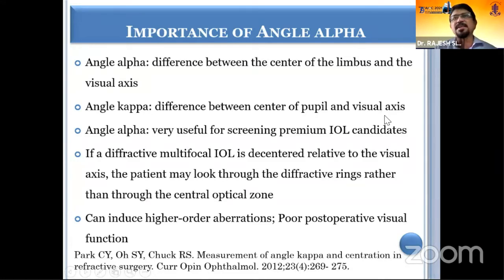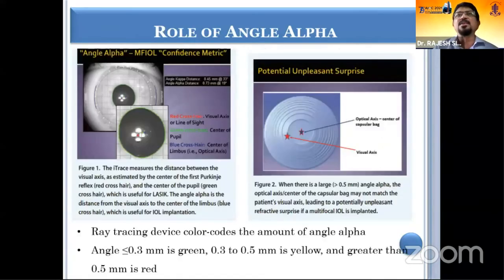Angle kappa is the difference between the center of the pupil and the visual axis. And angle alpha is very important for screening premium IOL patients, because if you have put in a diffractive lens and it's a high angle alpha, then instead of the light refracting from the central part, the central rays will refract from the diffractive plates, and that will induce aberration.